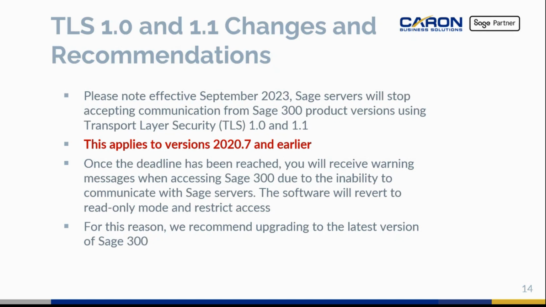And this is the key why we like to keep everybody on a supported version of Sage, just to keep you current with security, just to make your system, again, as secure as possible. So those are the changes that are coming. Sage has given us a date, September 2023, so we're going to try and get everybody onto a supported version before that date.